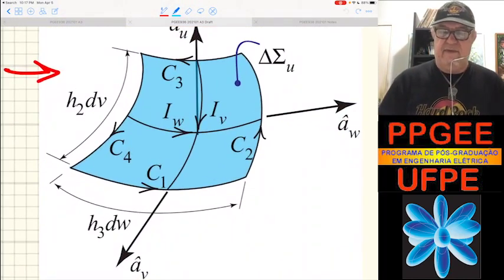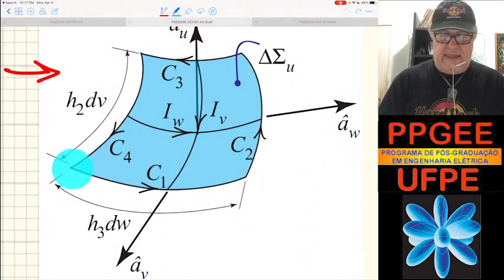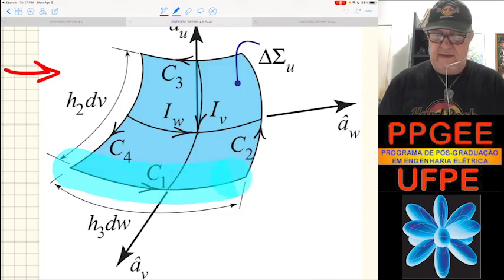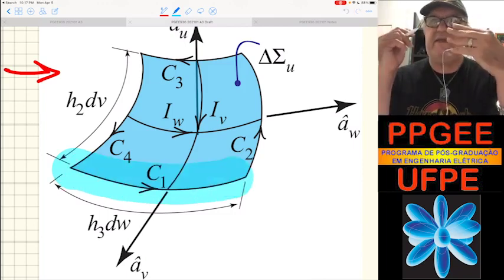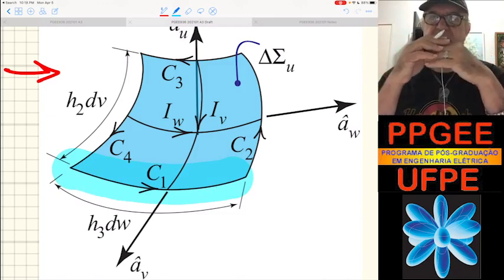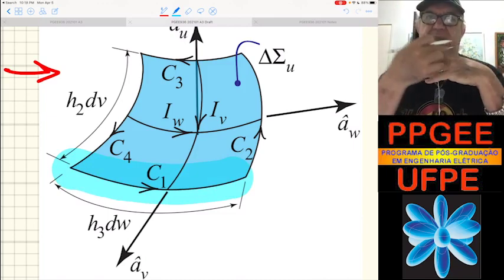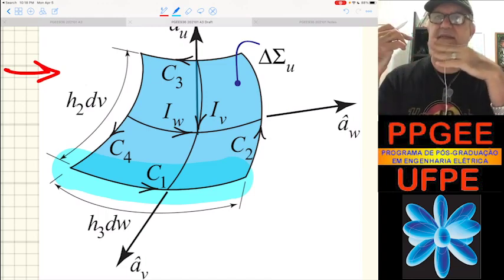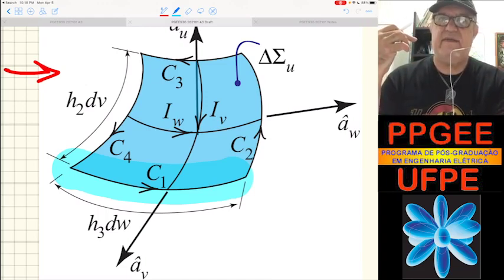So what we want to do is to calculate the circulation. Recall that the integration is made in such a way that the path is run. You go around the path, having always the area on your left.